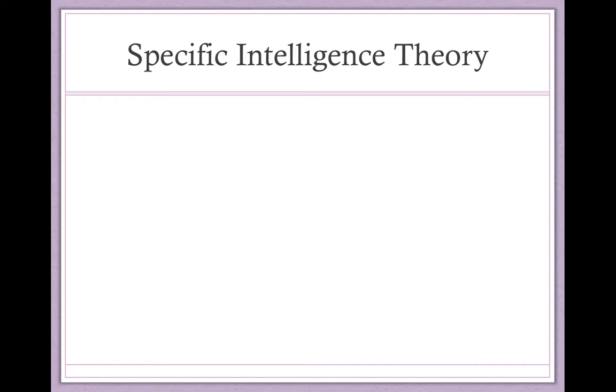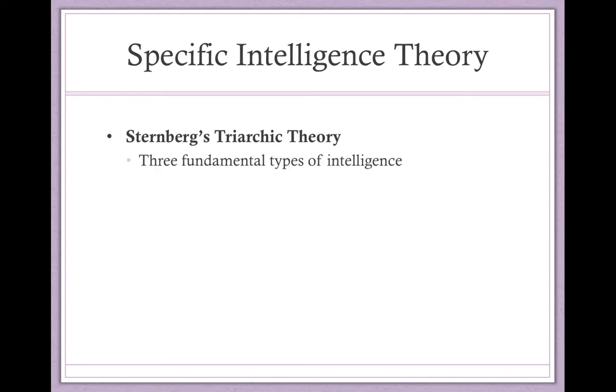And then there's a second type of specific intelligence theory called Sternberg's triarchic theory, which states that there's 3 fundamental types of intelligence. So not quite as many as Gardner said, but he said that people display more or less of these intelligences.